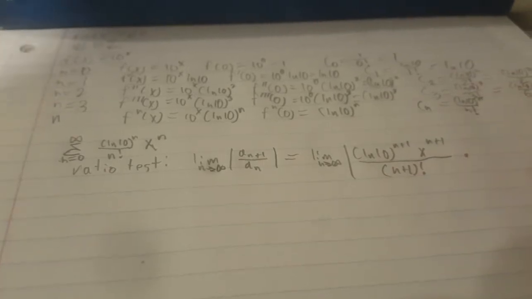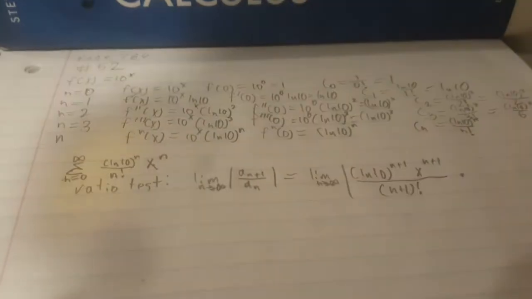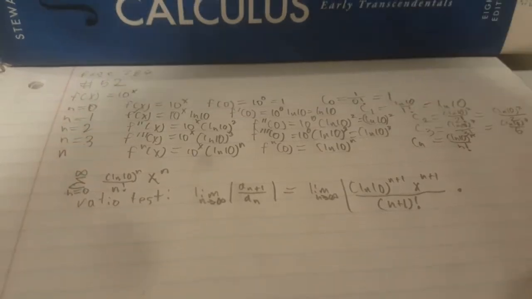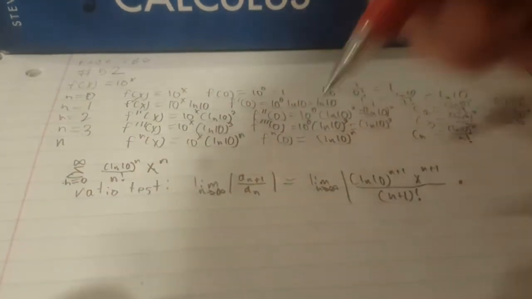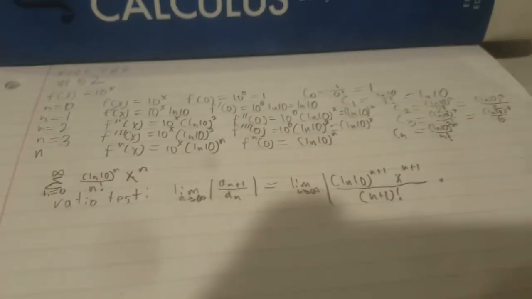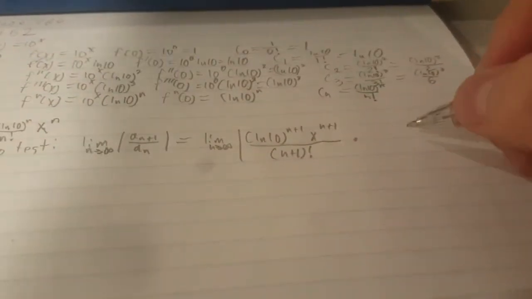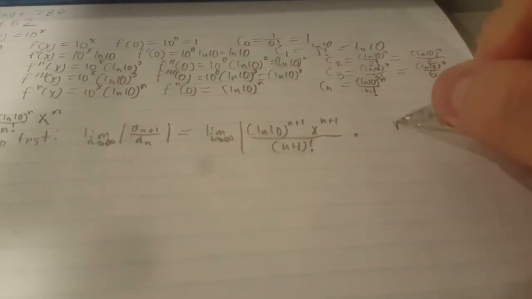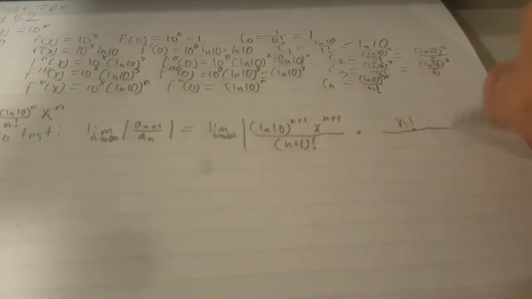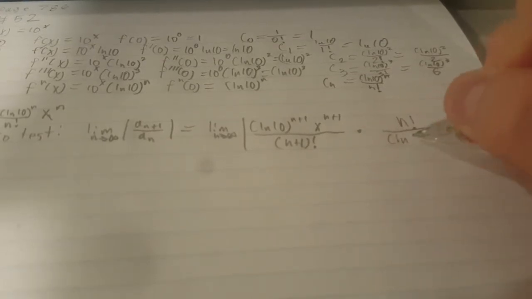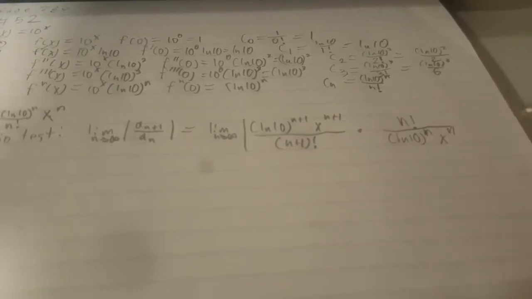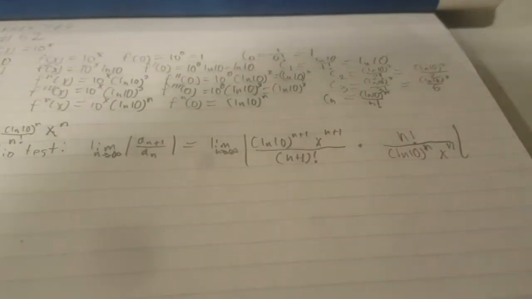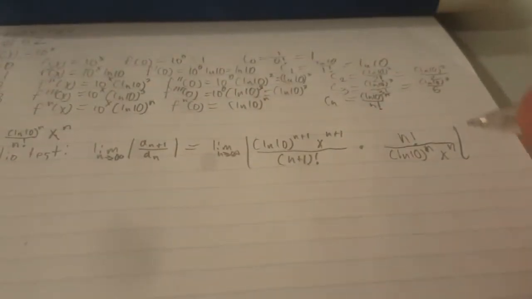And then we're going to multiply by the inverse of this just to make it look nicer for us. So it will be n factorial over ln 10 to the nth and x to the nth. Finish the absolute value.